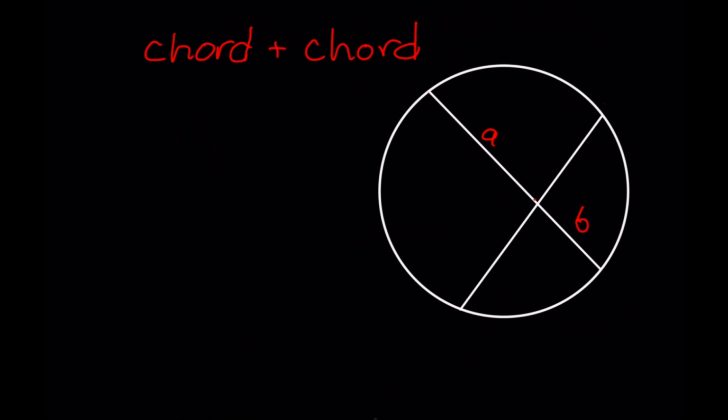Same goes with the next line. So this is C, and this is D. The theorem is the product of the 2 parts of the first chord equals the product of the parts of the second chord. So A times B is equal to C times D.